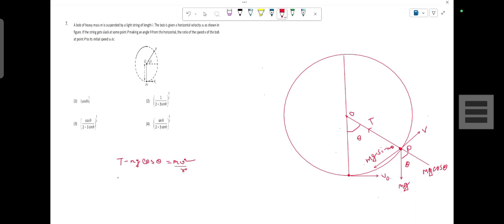Okay, so now you can find T is equal to mv square by r plus mg cos theta.